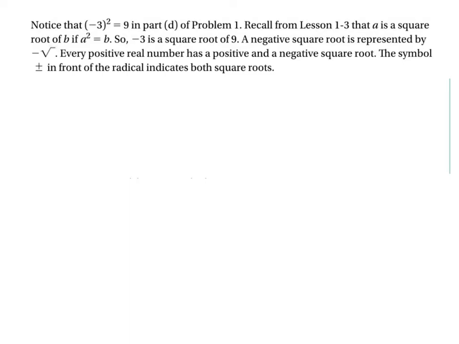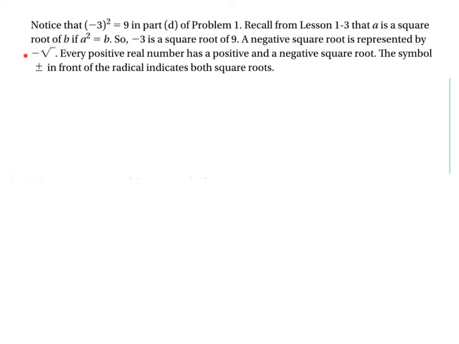Now, as you saw in this last problem, -3 squared, or -3 times -3, is 9. That suggests that -3 is a square root of 9, right? Because that number times itself equals 9. In fact, what we're revealing is that there is the possibility of two answers when you take the square root of 9: 3 and -3.